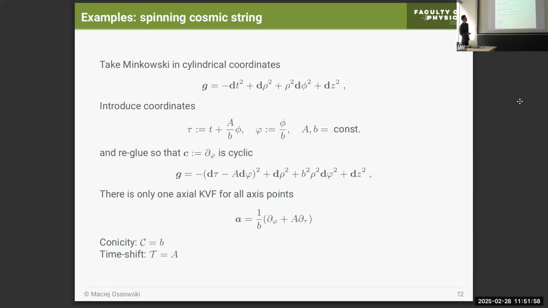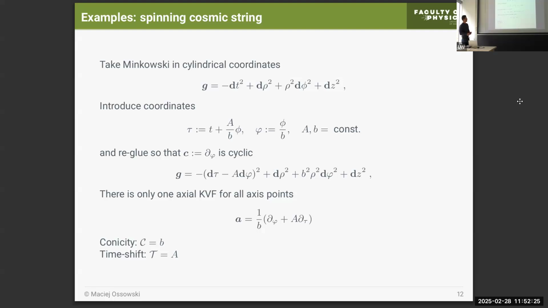And so this is what people usually call a spinning cosmic string. This is actually a tensionless spinning cosmic string. Tensionless meaning that it's basically a flat metric. So there shouldn't be anything that's pulling or creating tension in the string.